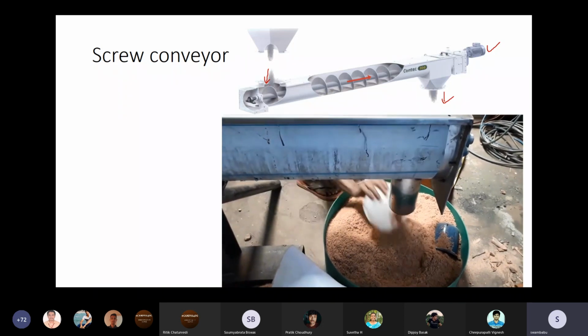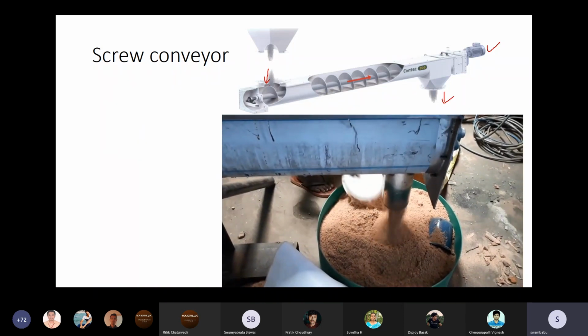This is only a simple demonstration conveyor, and this is usually used for short distances. Screw conveyors can only be used for the transport of solids over a short distance. Now, screw conveyors can be used for fine particles, and they will be operated in closed conditions.